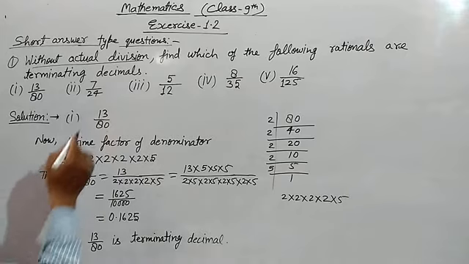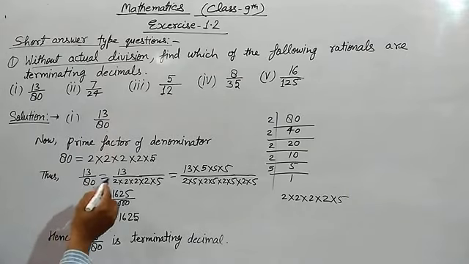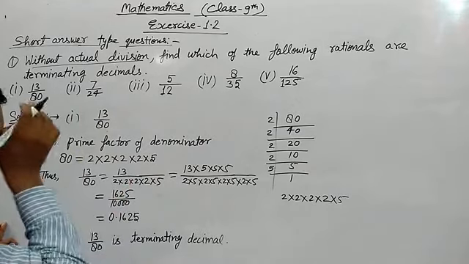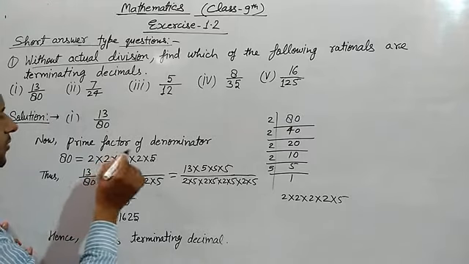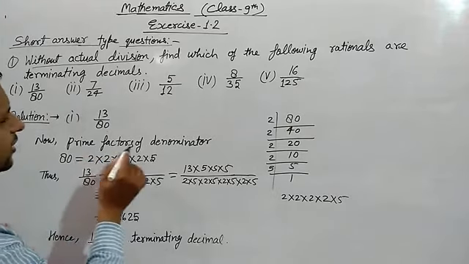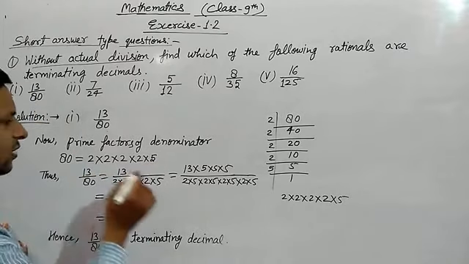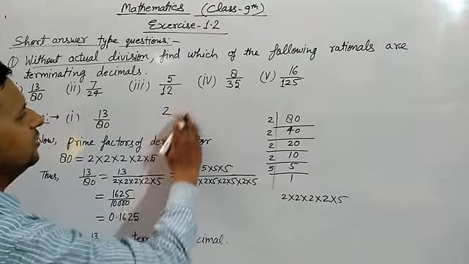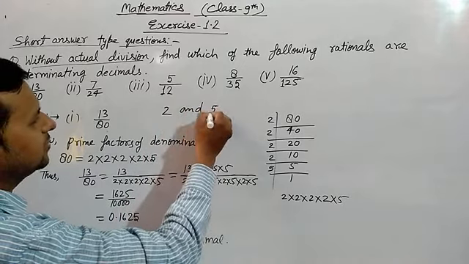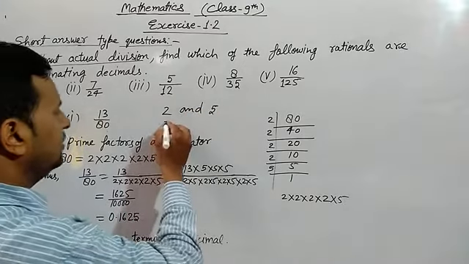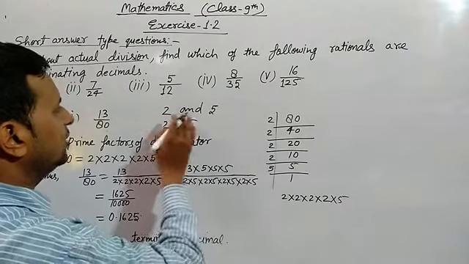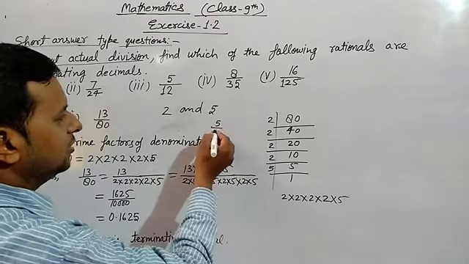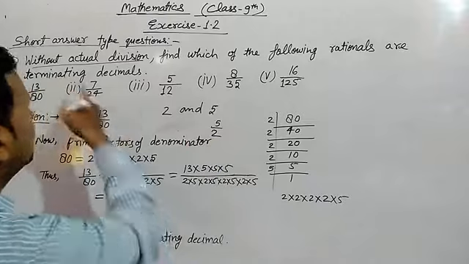Now again, the question is 13 upon 80. We can say that when the prime factors of the denominator are in the form of 2 and 5, it may be 2 into 5, or 2 alone or 5 alone. Suppose 5 upon 2, it is also a terminating decimal.